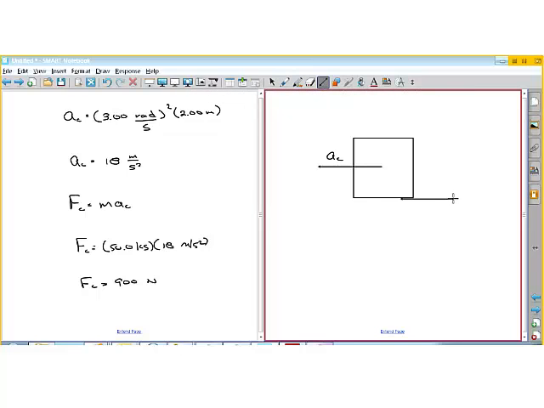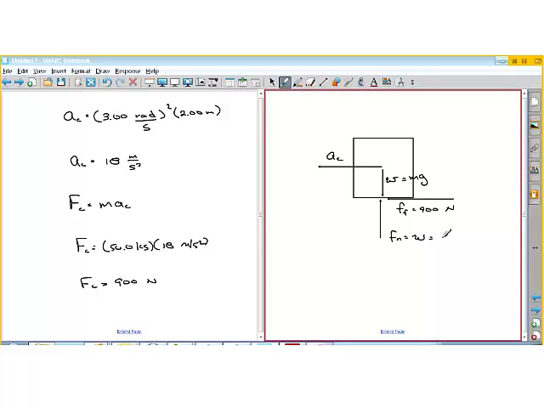So this is the friction force which is pushing in the same direction, and the friction force has to equal 900 newtons. So you're going to have the weight, and then you're going to have a normal force pushing up like this. So this is the weight, which is the mass times g, and the normal force is equal to the weight, just from the sum of the forces in the y direction.